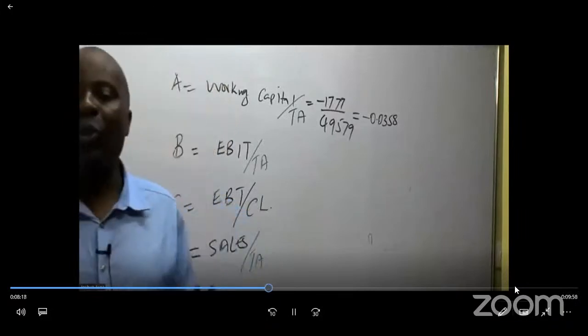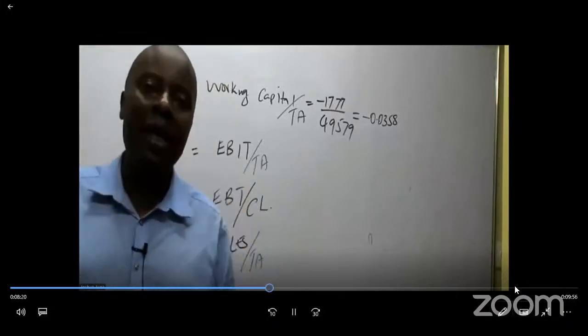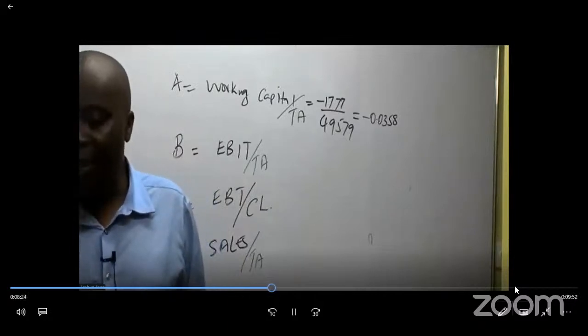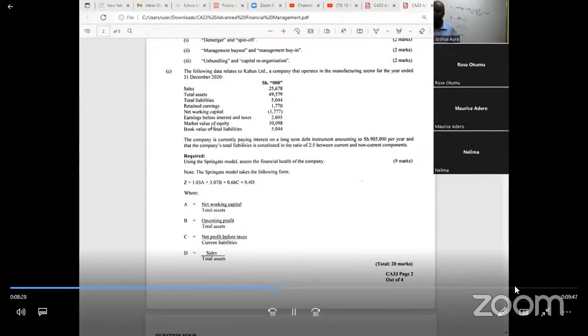From there, we go to ratio B. Ratio B is EBIT divided by total assets. So, have they given me EBIT here? EBIT, earnings before interest and taxes, is 2605.